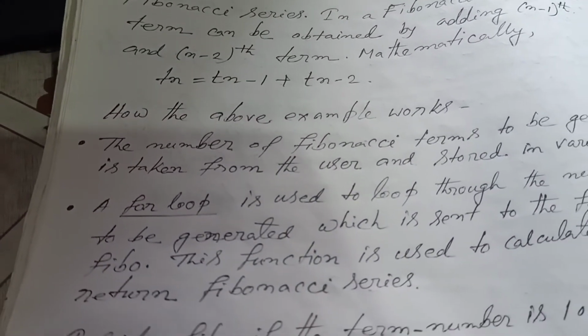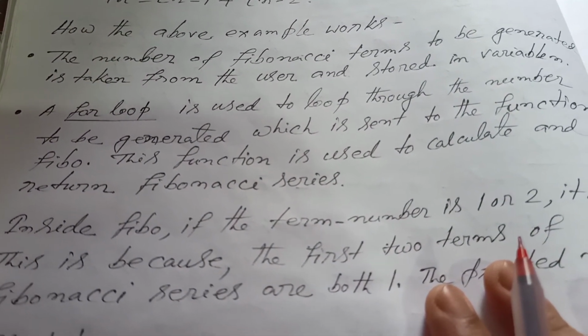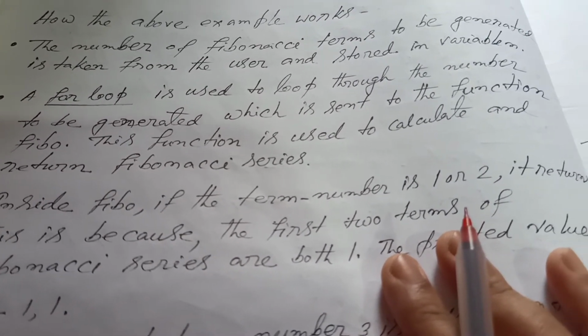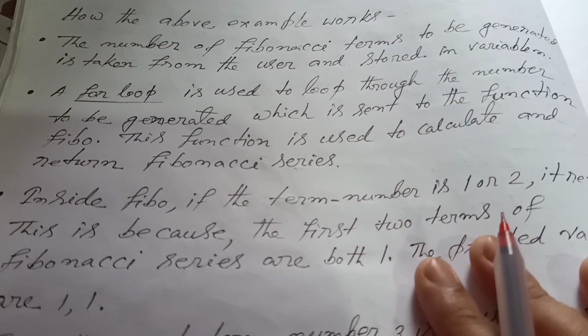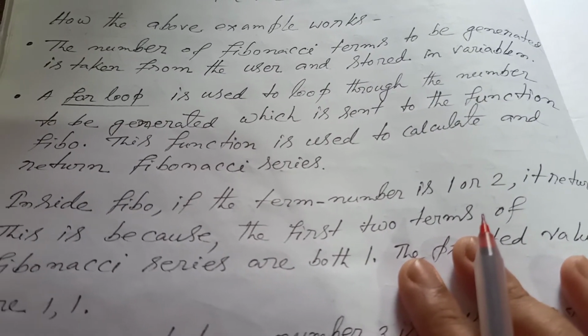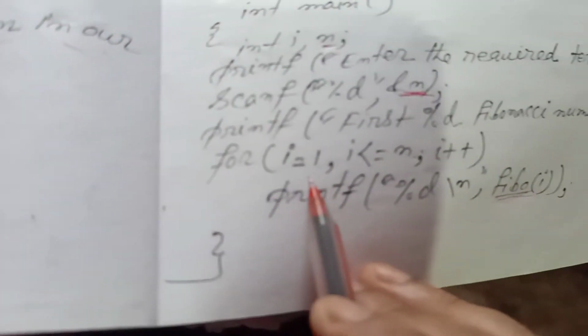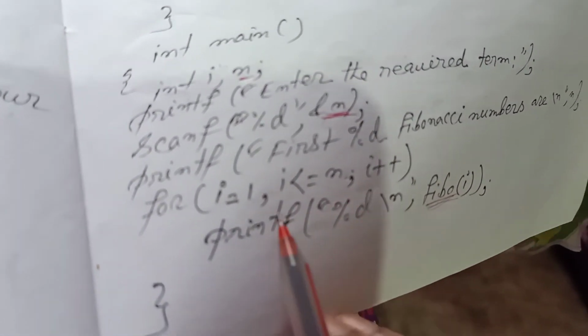Next, a for loop is used to loop through the number to be generated, which is sent to the function Fibo. This function is used to calculate and return the Fibonacci series. That means here the for loop is used, as we discussed.